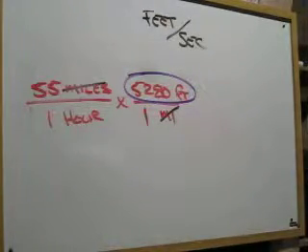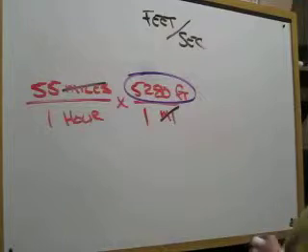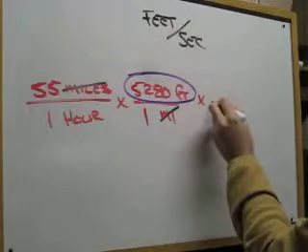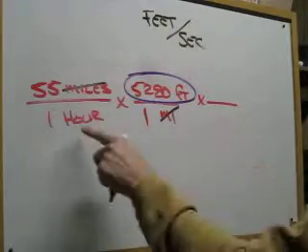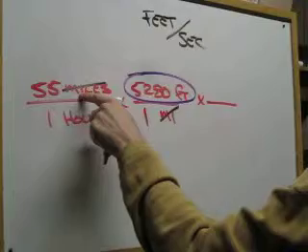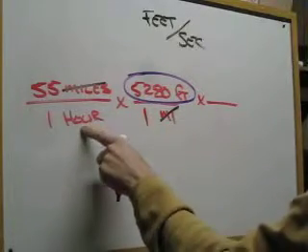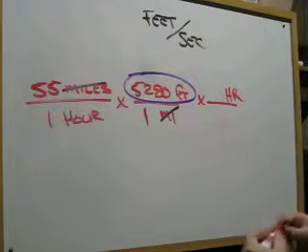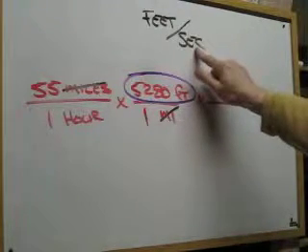Alright, that being the case, now we're going to change our hours to seconds, because that's what we're looking for here. Again, we draw our multiplication sign, our line. Our hours are down here, so they have to go on top. Just like our miles were on top here, they had to go on bottom. Hours on the bottom have to go on top. So, do we know anything about hours in seconds?